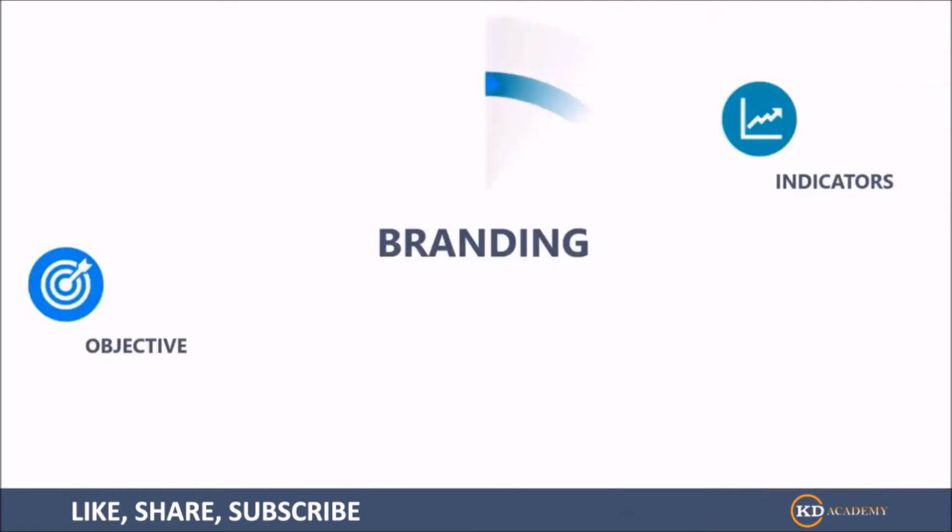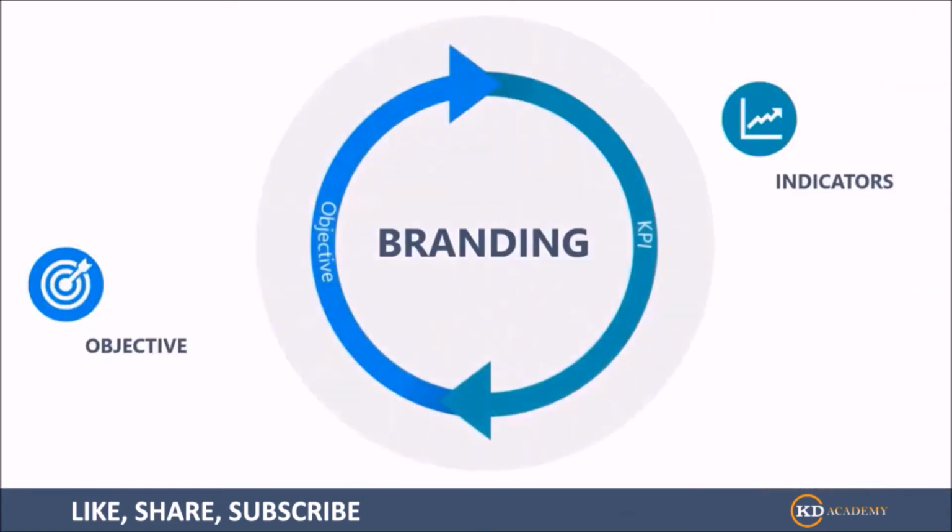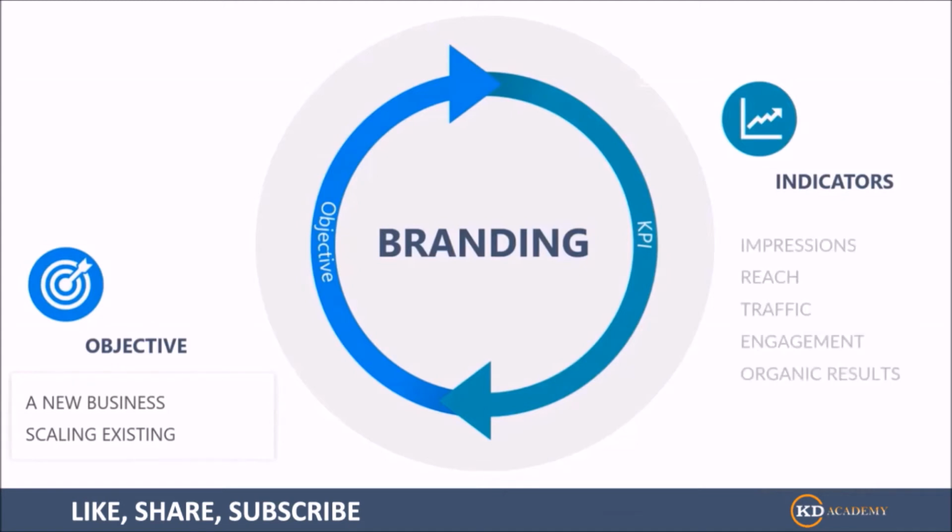So let's go through a few examples with some common objectives, starting with branding, either a new business that's starting that wants to build up a brand, or scaling an existing brand. Indicators of this objective would be impressions, so the number of times someone viewed an ad, reach, the number of people you've targeted or reached, traffic, which is the visits on your site, engagement, which would differ depending on where it is.